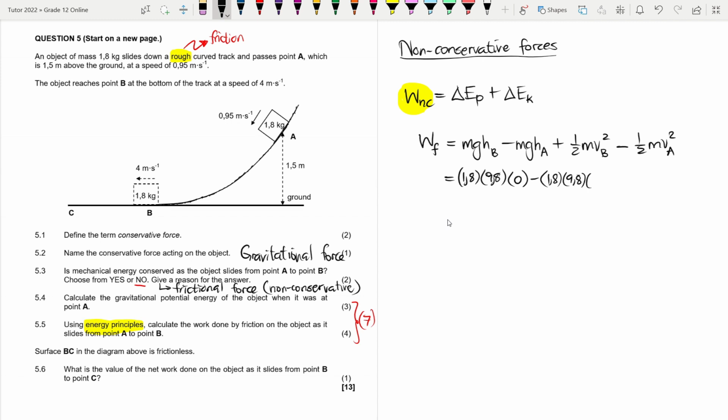At A, we see that the height is 1.5, plus half of 1.8, and then the velocity at point B, 4, right? Minus 1/2, don't forget the squared, 1.8, and the velocity at point A is going to be 0.95 squared. So that will be there.